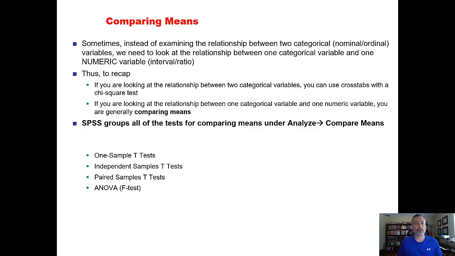So, I'm talking about the relationship between one categorical and one numeric variable, but it's a little bit more specific than that. It's always where the categorical is looked at as the independent variable and the numeric variable is seen as the dependent variable. And so if you're talking about numeric data, you can look at means. You may remember covering measures of central tendency in your statistics class.